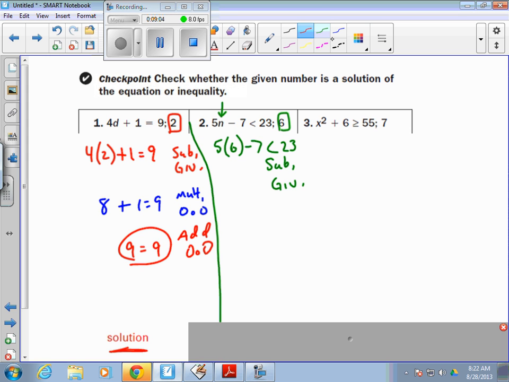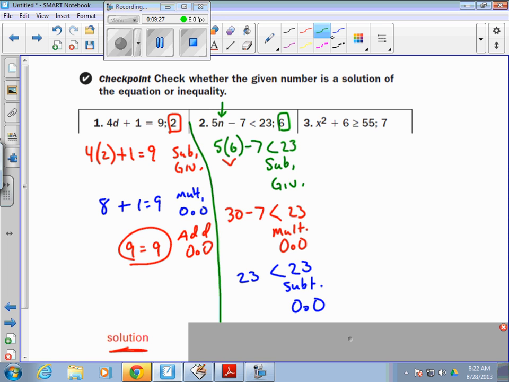Then you need to do 5 times 6, which is 30, minus 7 is less than 23. Right there, we multiplied 5 times 6, because order of operations told us to multiply first. Then the last step, we have to subtract. 30 minus 7 is going to give us the number 23 is less than 23. We subtracted because of order of operations.